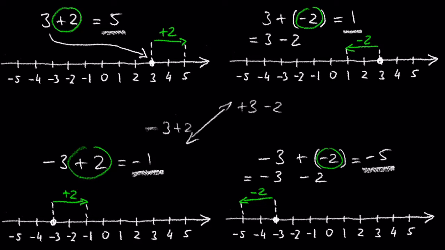Subtract the smaller number from the larger one as if they were both positive, and then attach the sign from the larger number. This means if the larger number is positive, the answer is positive. If the larger number is negative, the answer is negative.